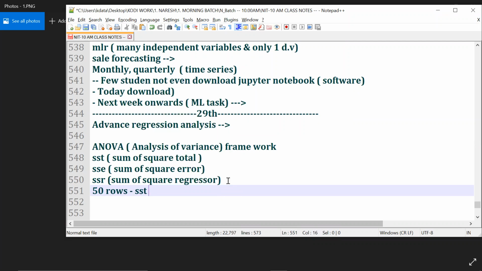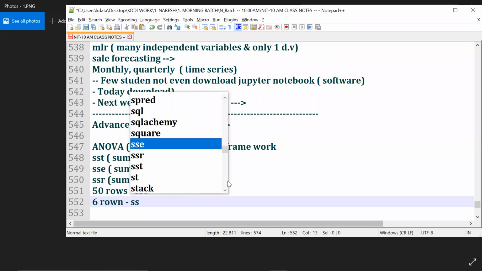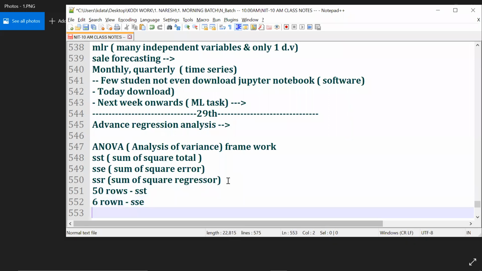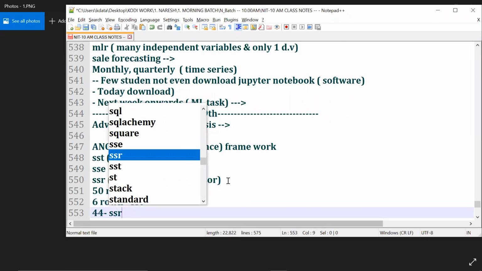That I call SST. If I have 50 rows, I call that sum of square total. And if I have 6 rows, then this is called SSE, and the rest of them, 44, is called SSR. I hope you understand, guys.